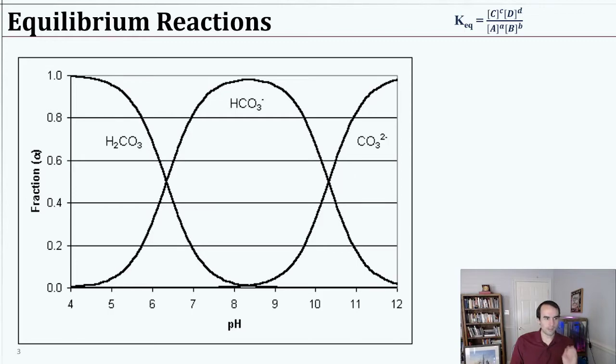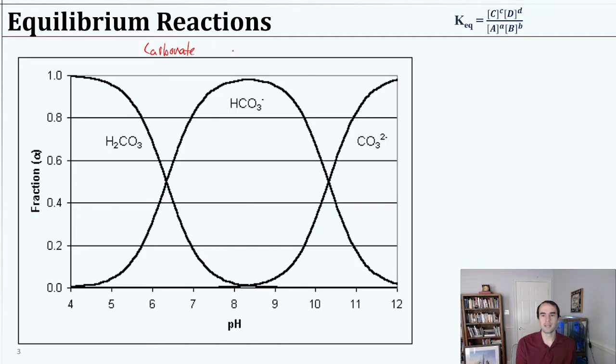Okay, so what does this look like if we graph a system across, let's say, pH? We'll probably come back to this type of graph pretty often. On the y-axis we have the fraction, that's a little alpha here, of, in this case, the carbonate system.